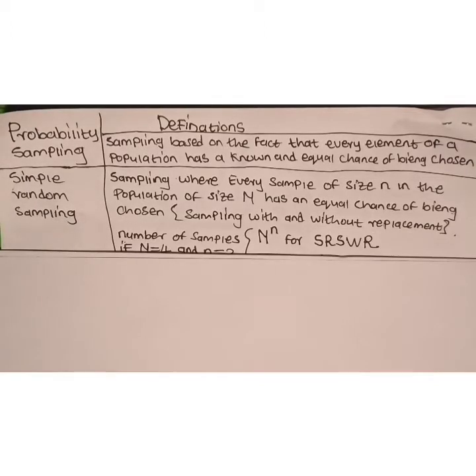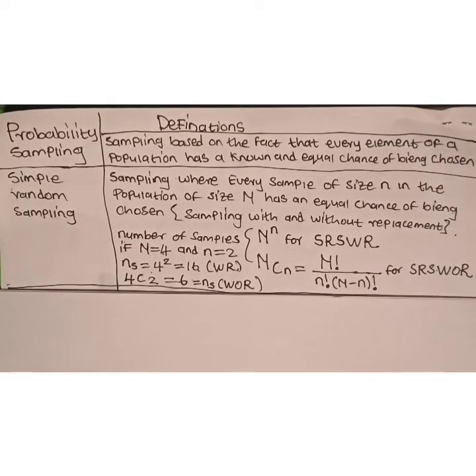The number of samples for sampling with replacement is given by the population size to the power of the sample size. For sampling without replacement, it is the population size combination the sample size, which can also be written as N factorial divided by n factorial times (N minus n) factorial.